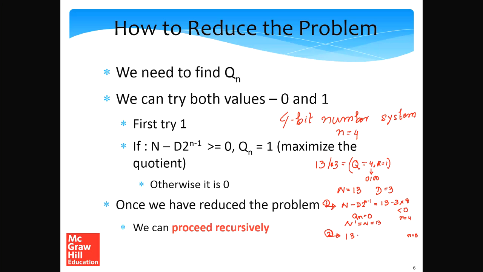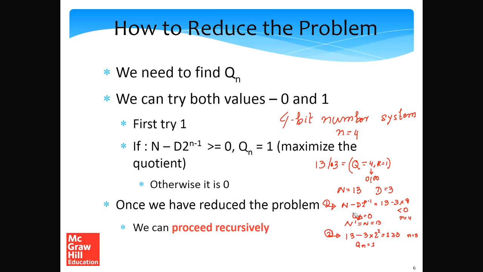What we do is 13 minus 3 times 2 raised to the power 3 minus 1, which is 2 to the power 2, which is 4. 13 minus 12 is 1, which is greater than or equal to 0. As a result, we set Q3 to 1. Let's call them Q4 and Q3, the fourth bit of the quotient and the third bit of the quotient.